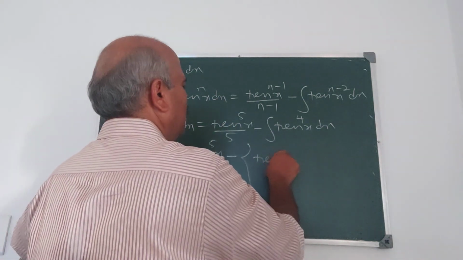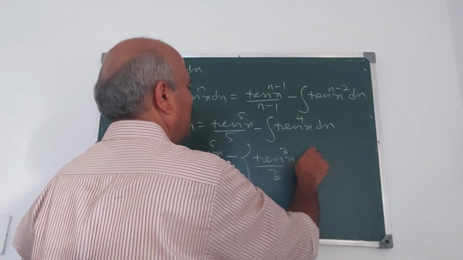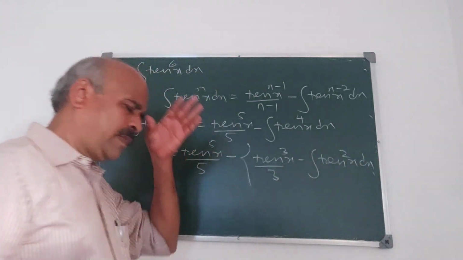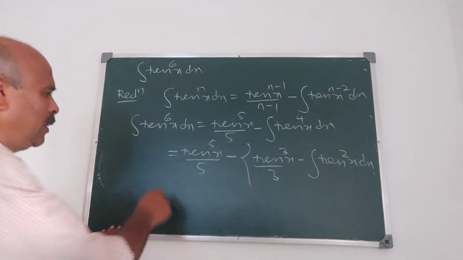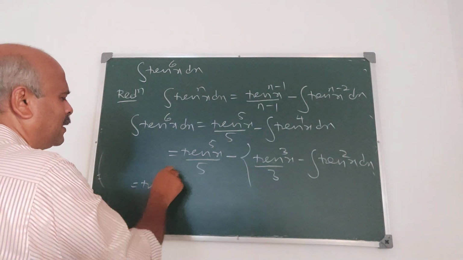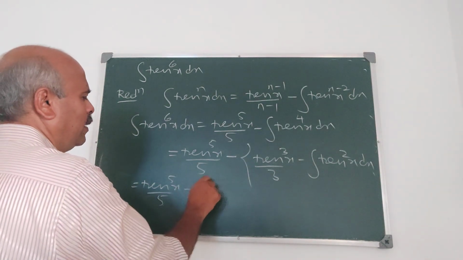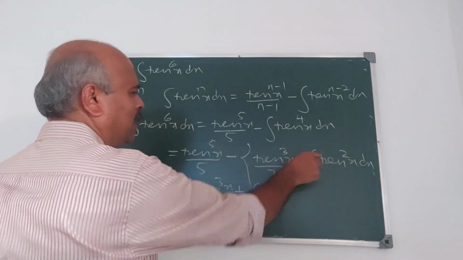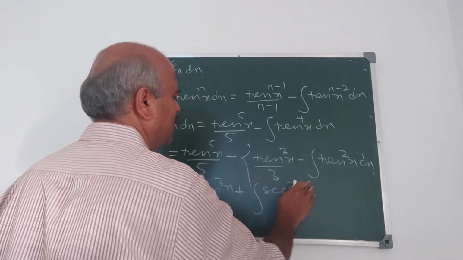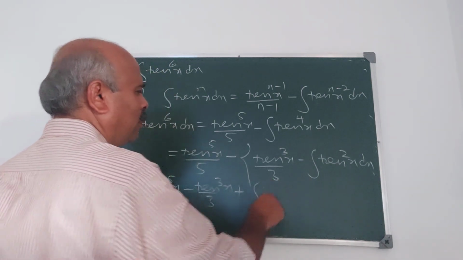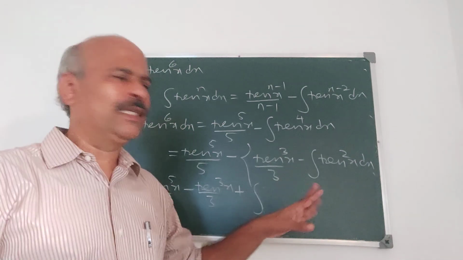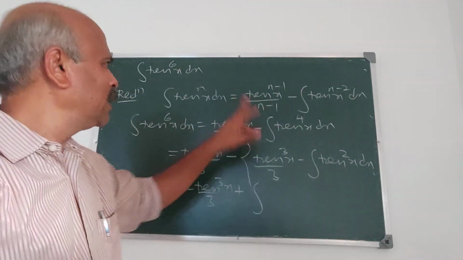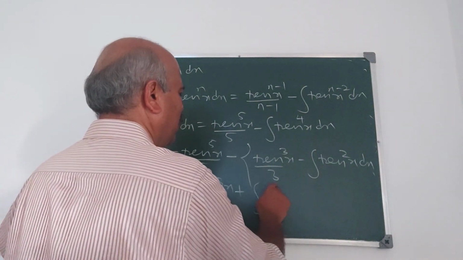What do you get? Tan x raised to 3 upon 3 minus integral tan square x dx. Correct? Therefore, tan x raised to 5 by 5 minus tan cube x by 3 plus integral tan square x. How to integrate tan square x? One method is simple: tan square x we write as secant square x minus 1. But if you have to apply this reduction formula, how do you apply?